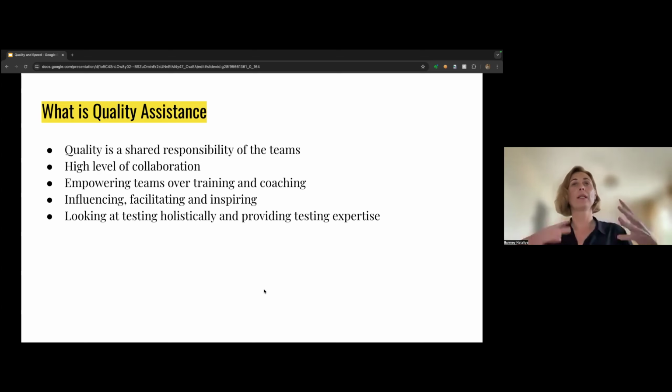And once you have all those activities, you will also look at testing quality of your product in a holistic way, right? You will potentially stand up from your usual place, how you work, and go a level higher to look at a couple of teams, how they work together, or even a department, and see where the gaps and risks in your testing are.